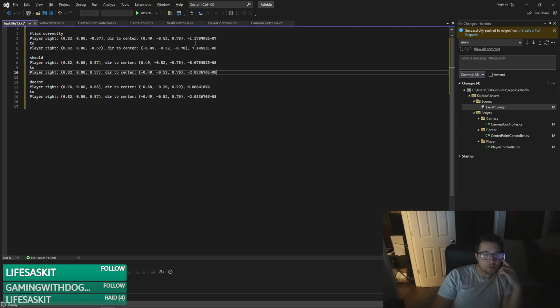Okay. So you can see when we go from, these are the same, these are the same, these are slightly different. We go from direction to center being all negative, all negative. This is negative. This is the only difference here.